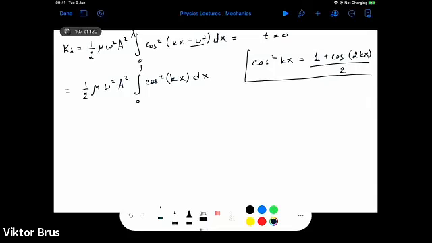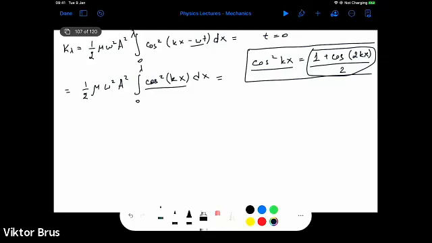So if we now substitute cosine squared kx with this, we will get two integrals, but then it's easy to deal with them.